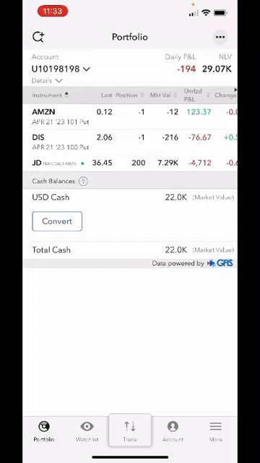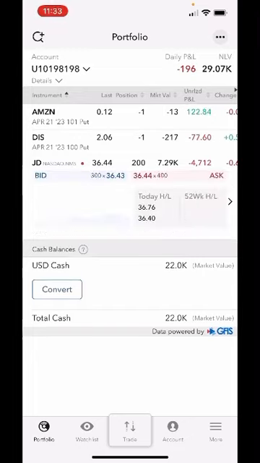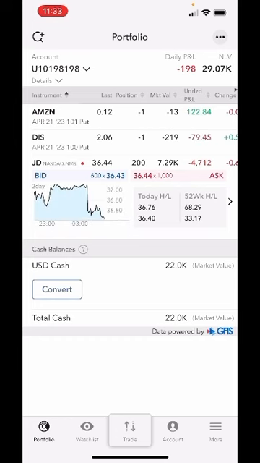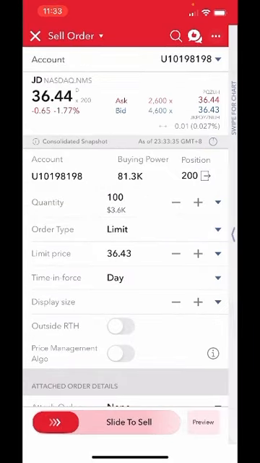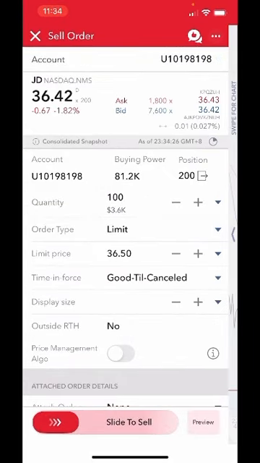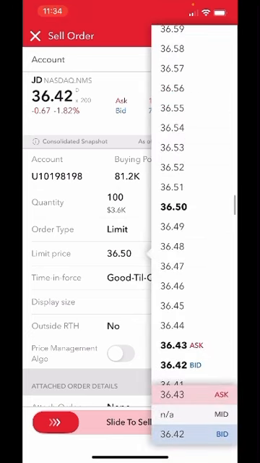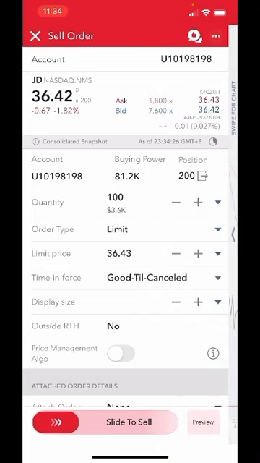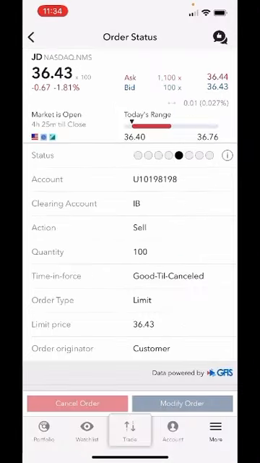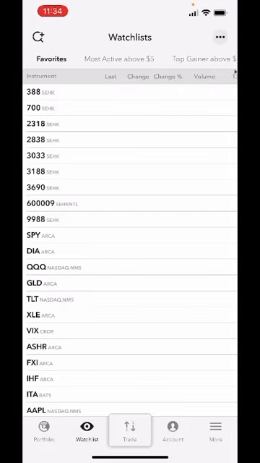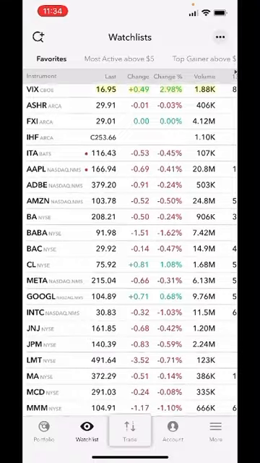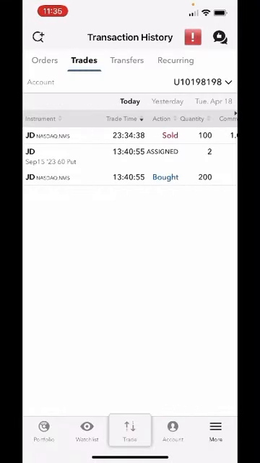Right? I'll start off with selling the 200 shares here. Alright, the current price is going about 36.43. Let's change it. Alright, fill at 36.43. So we're going to reinstate the 2 options that we had previously. Oh, okay.